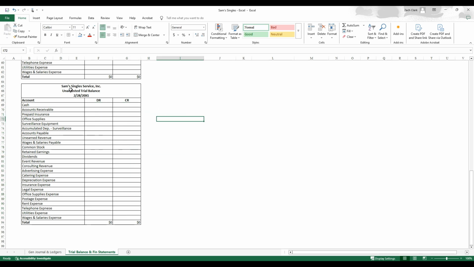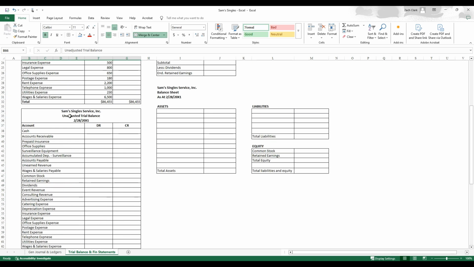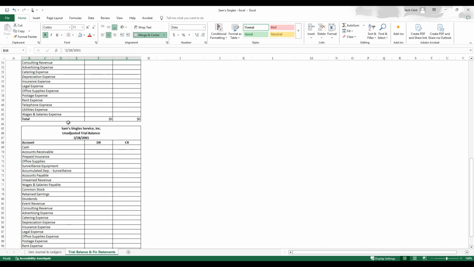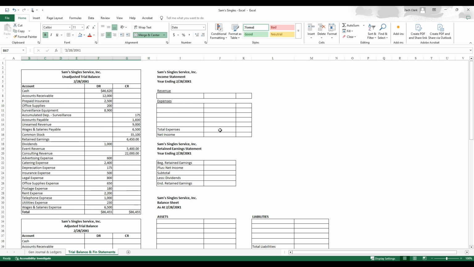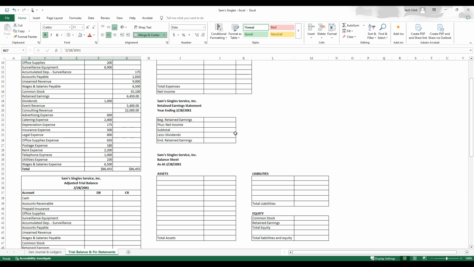And our closing, this will be our post closing trial balance. Okay. All right, we're getting really close now to being in a good spot.